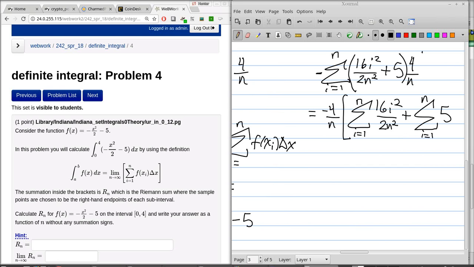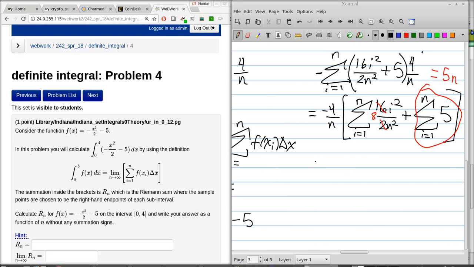Okay, and this one on the right here is very dumb. This just adds up to 5 times n, because it's just 5 added to itself n times. And for this other one, you can factor out the 16 and the 2, which are going to cancel and make 8. You've got i squared on the top and n squared on the bottom.